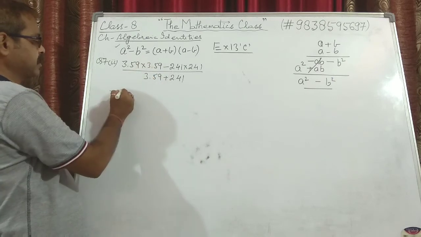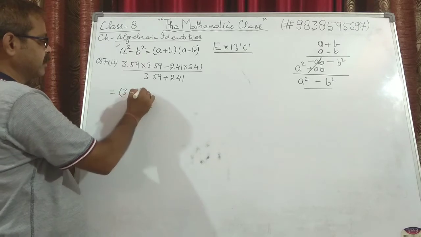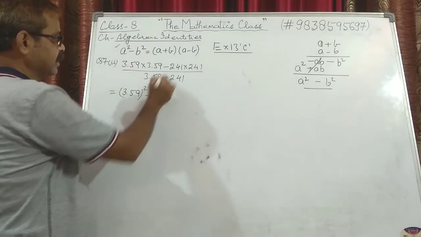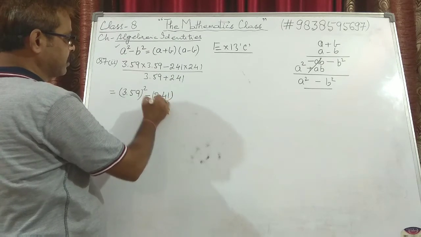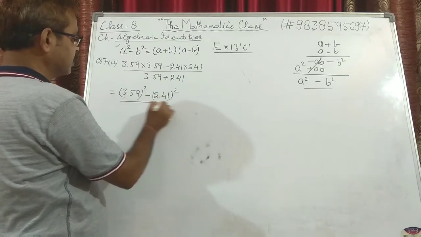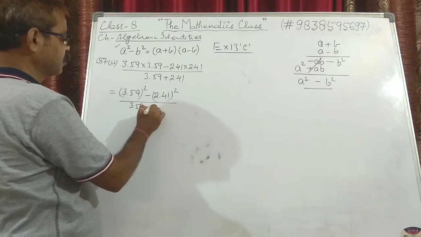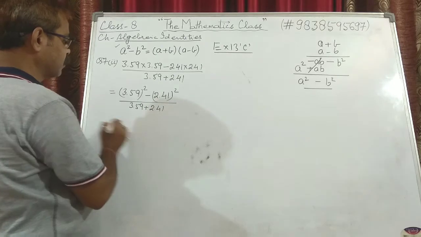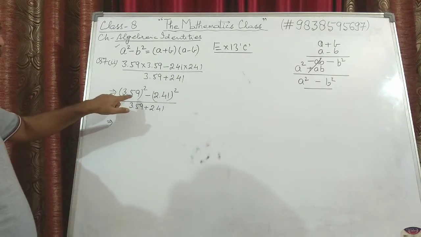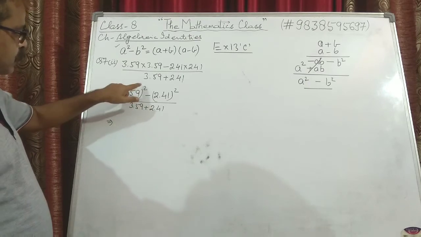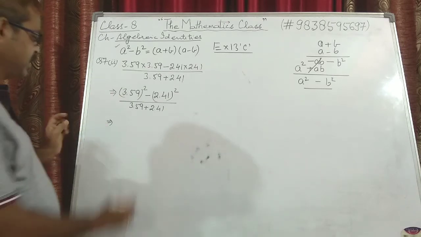It means this can be written as 3.59 square minus 2.41 square, upon whatever is the denominator. Let the denominator be as it is; we are not going to solve it. Now we know that this has been given in the form of a square minus b square, which can be written as a plus b and a minus b.